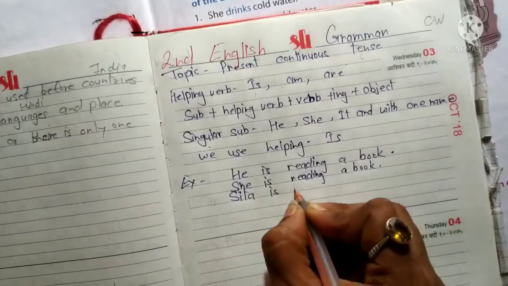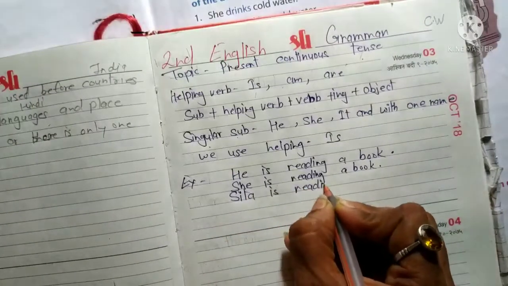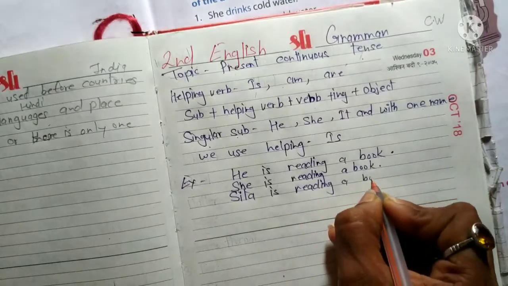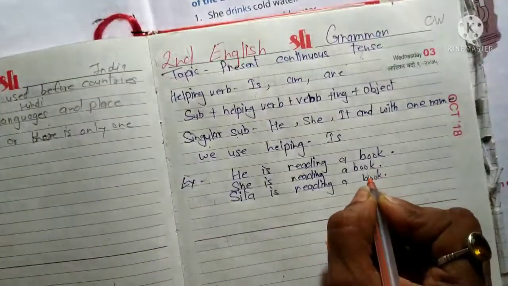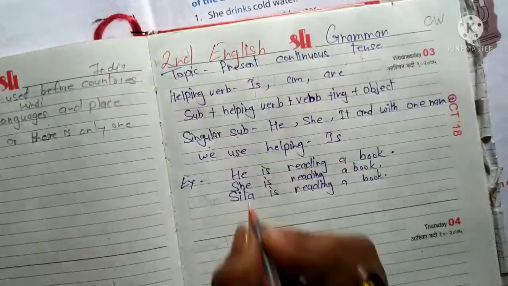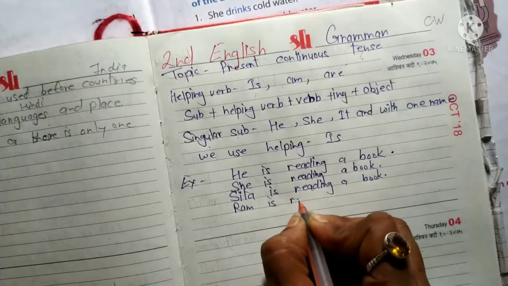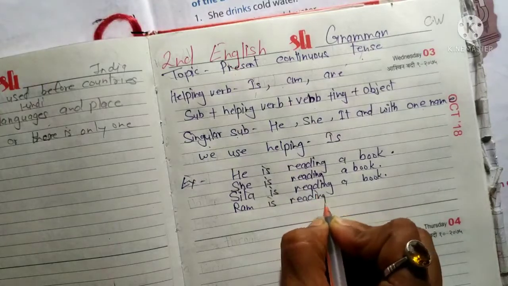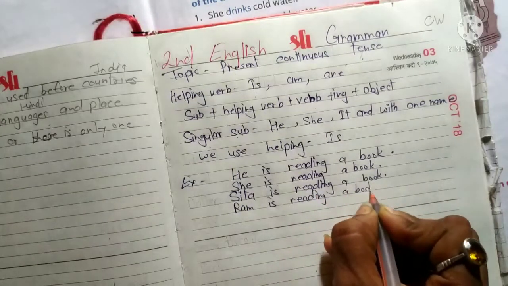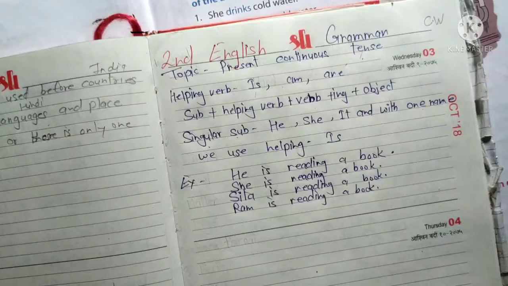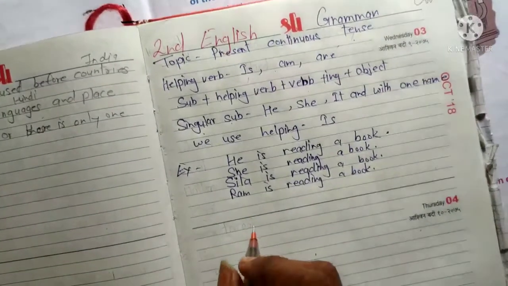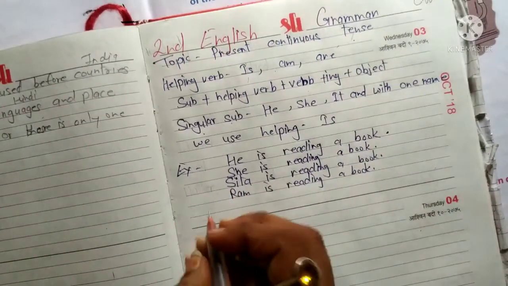Sita is reading a book. If we are talking about a boy, we can say Ram is reading a book. Okay, students?